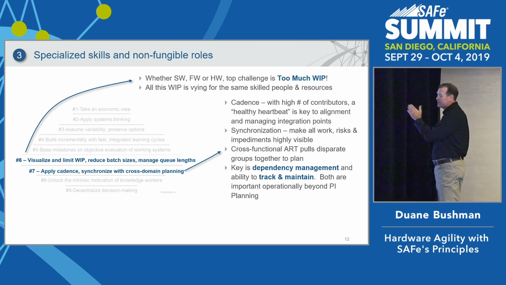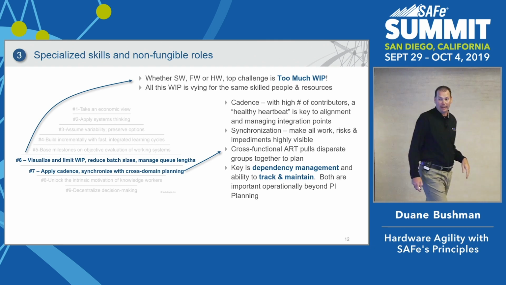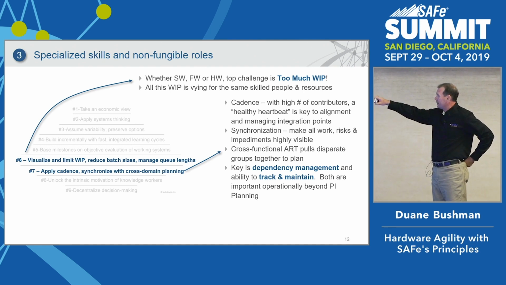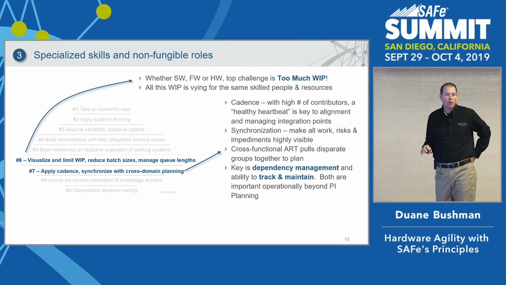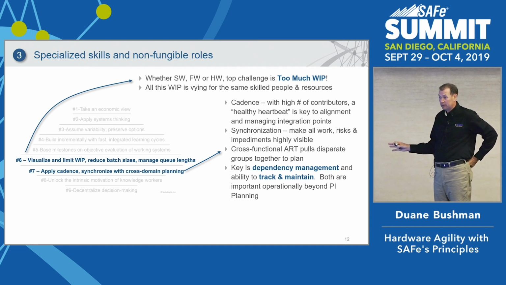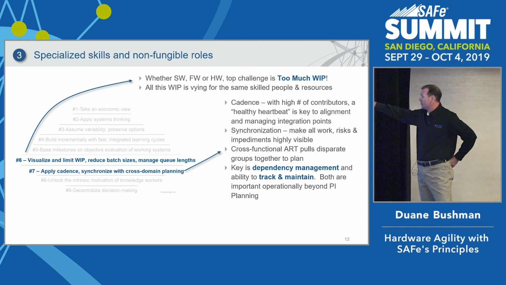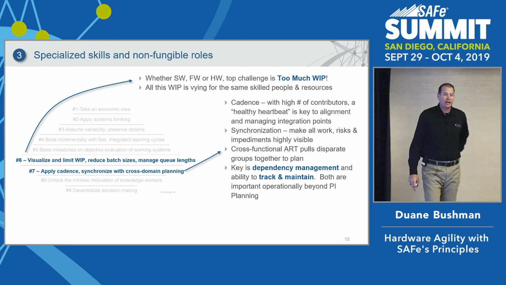The cadence synchronization and cross-domain planning. So that cadence is truly the heartbeat, and the synchronization makes all that work visible, right? Having true backlogs that have everything available. And then the cross-functional ART pulls all those disparate groups together.